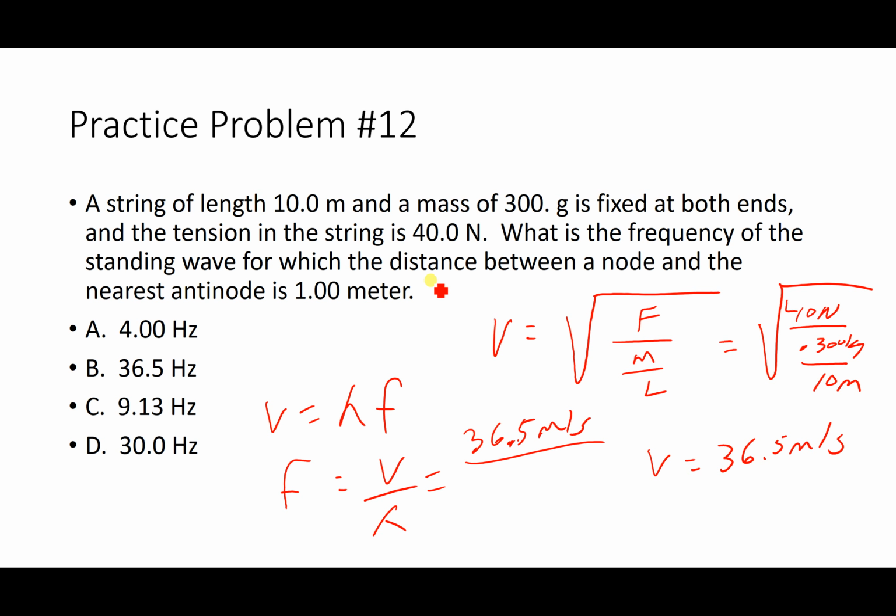So if 1/4 of one wavelength is 1 meter, then a whole wavelength is going to be 4 meters. Our wavelength is 4 meters. So we take 36.5, we divide it by 4 meters, and we end up with a frequency of 9.13 hertz. So our answer on practice problem 12 is C.